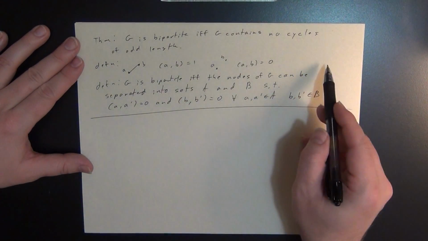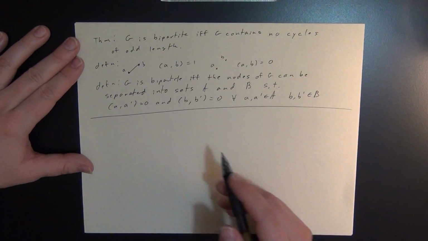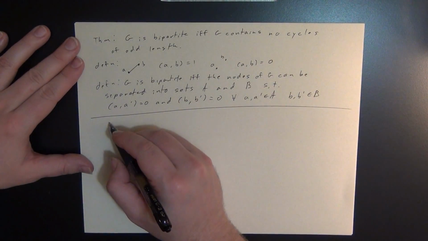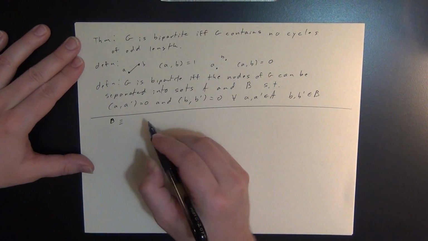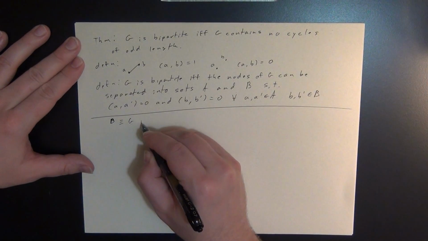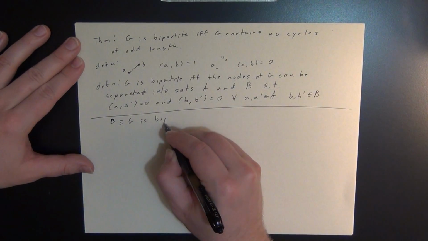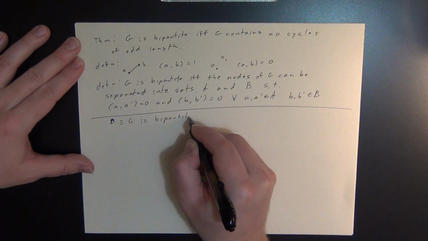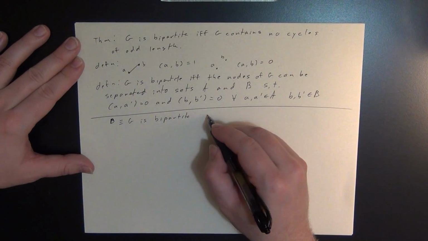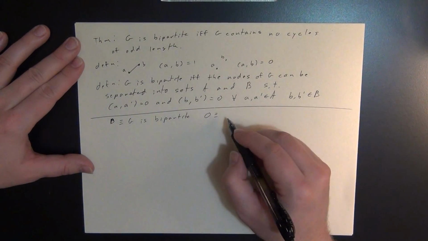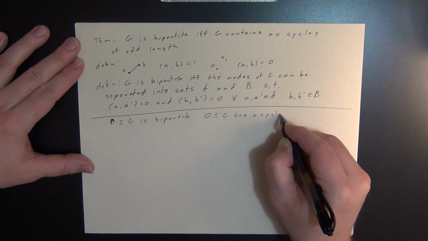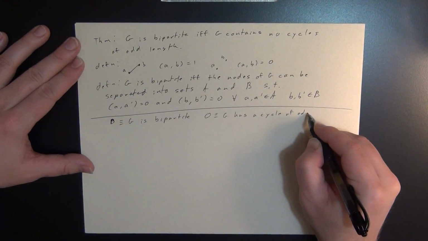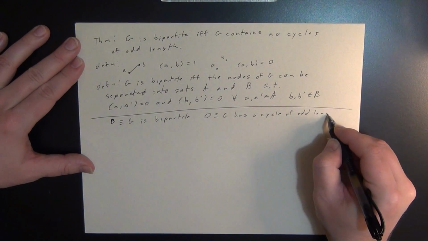So, in order to tackle this theorem, let's give these two statements some symbols. I'm just going to say B is the statement G is bipartite. And O is the statement G has a cycle of odd length.